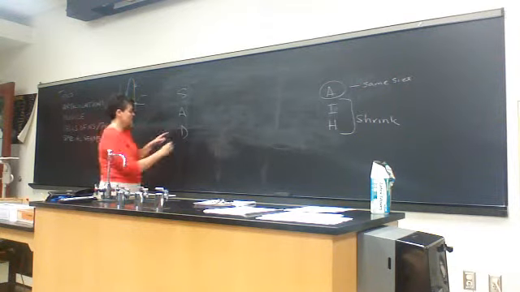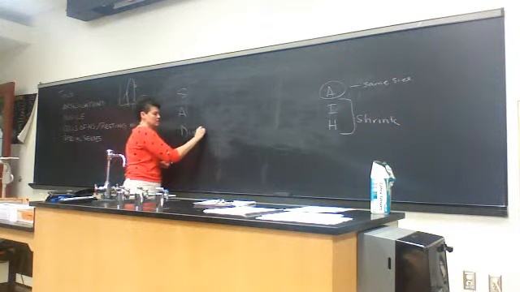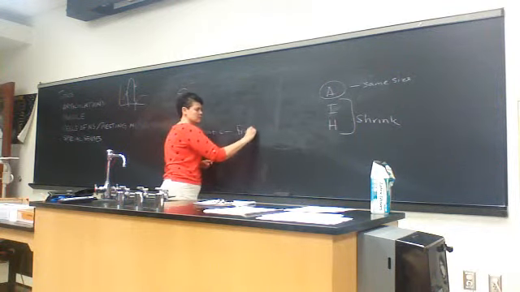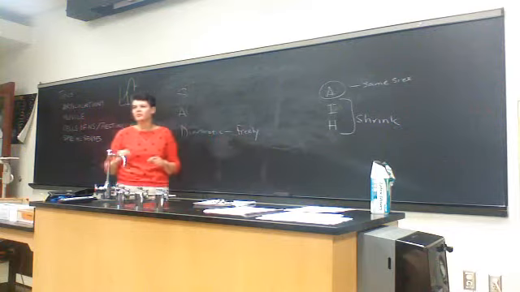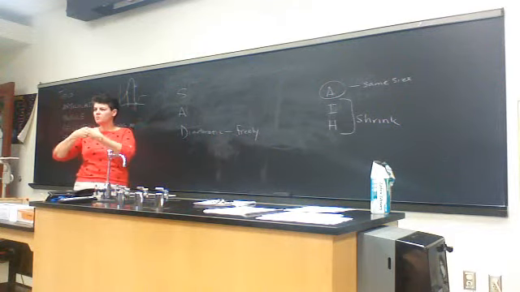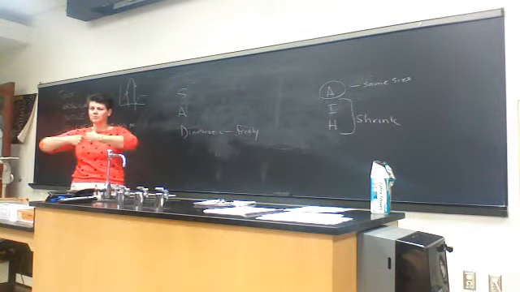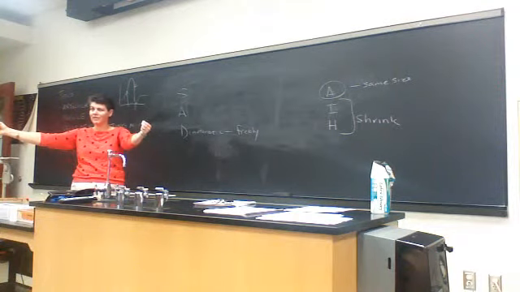Okay? So diarthrotic is freely movable. Pubic symphysis is where your two pubic bones come together, right? Do you want that to be freely movable? No, right? You don't want your pubic bones doing that. That would not be a good thing, okay?